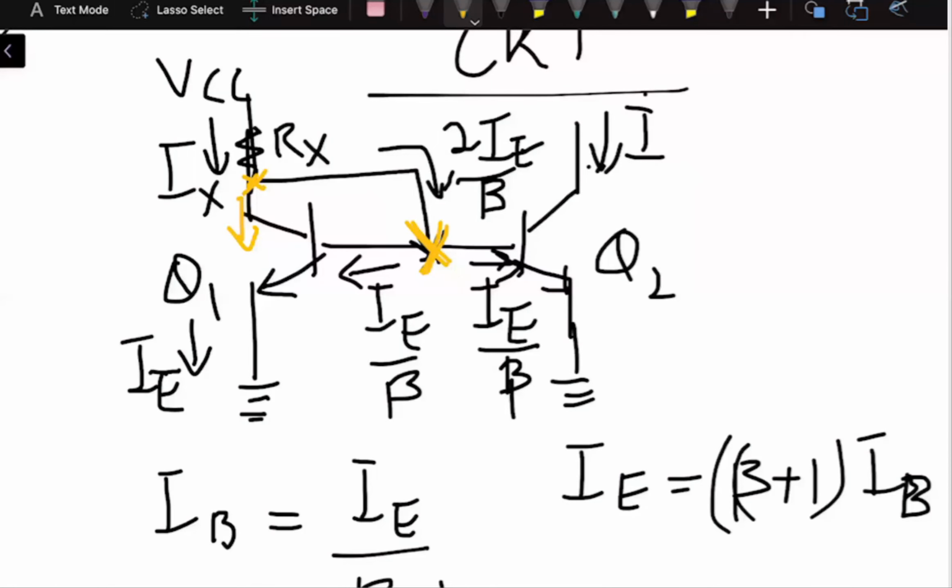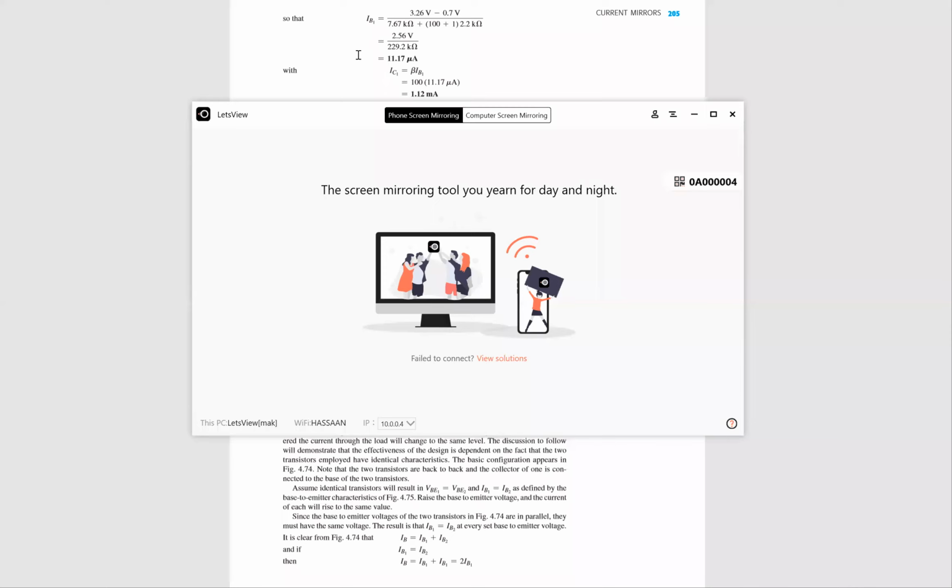So applying over here, IX is actually equal to IE plus 2IE by beta. Are you with me?